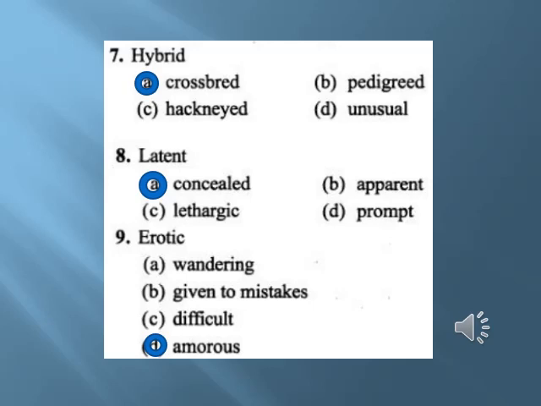Lethargic, very lazy, and concealed, hidden, latent. So answer is A, concealed, hidden, latent. Erotic: wandering, given to mistakes, difficult, and the right option is amorous. Amorous means sexual, lustful, erotic. So the right answer is D, amorous.